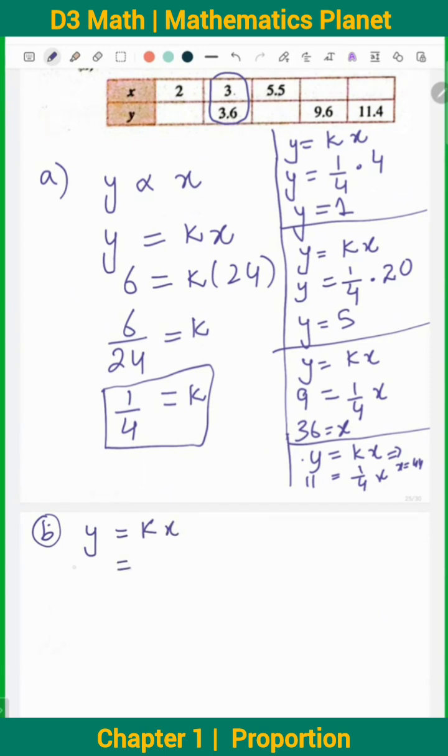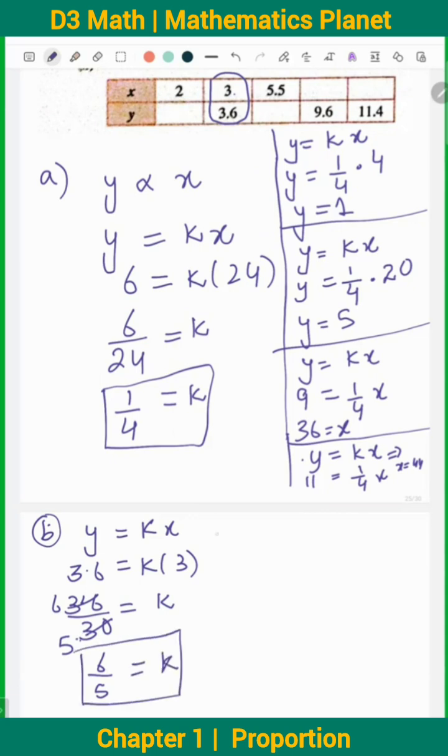So 3.6 is equal to k times 3, and k is equal to 36 over 30, which is 6 by 5. Right?